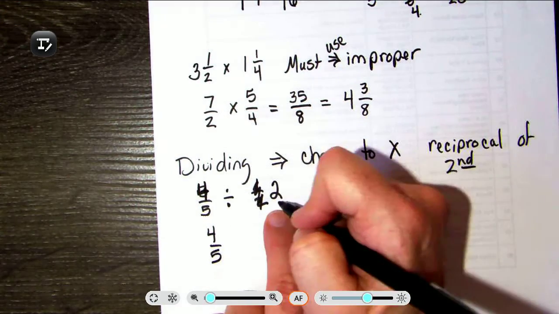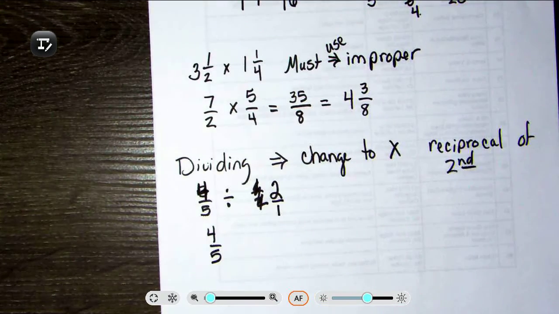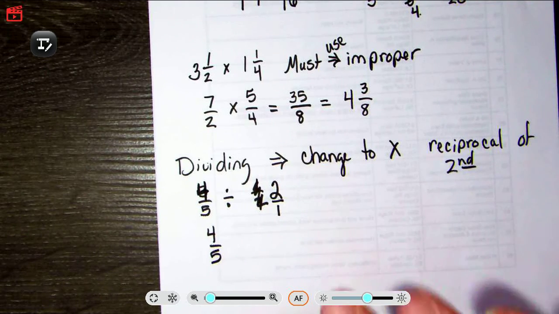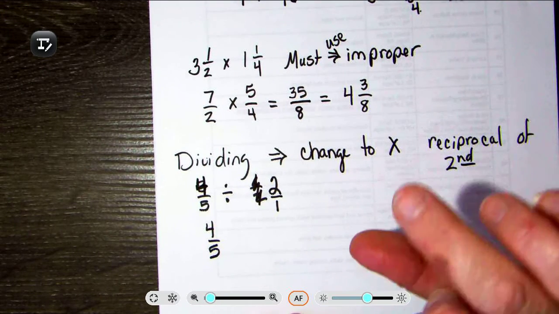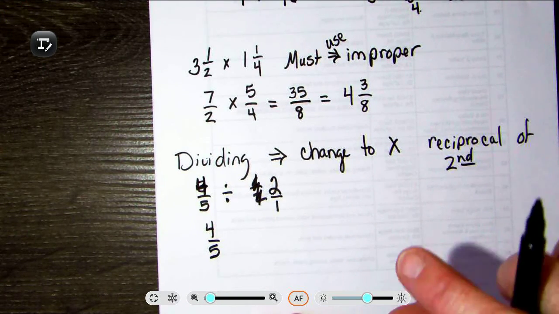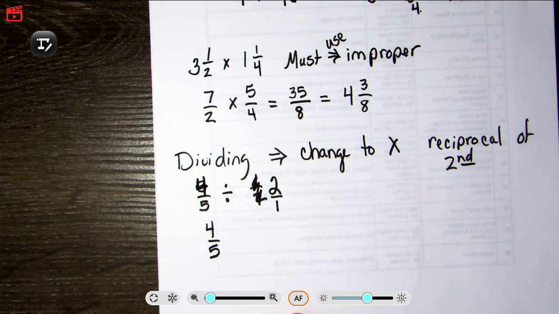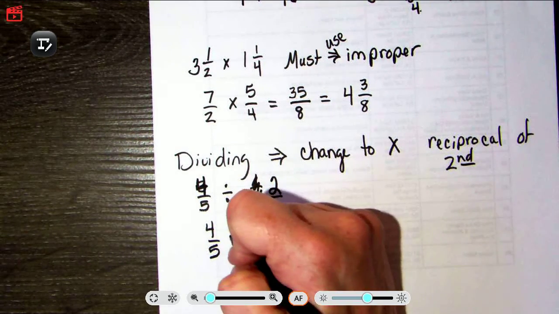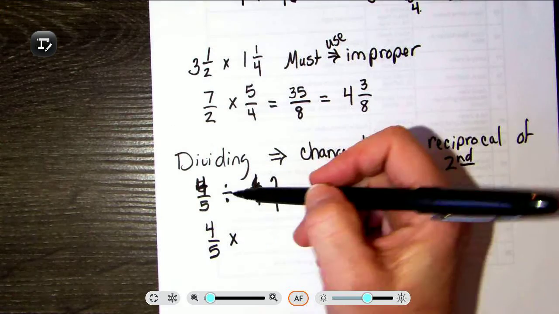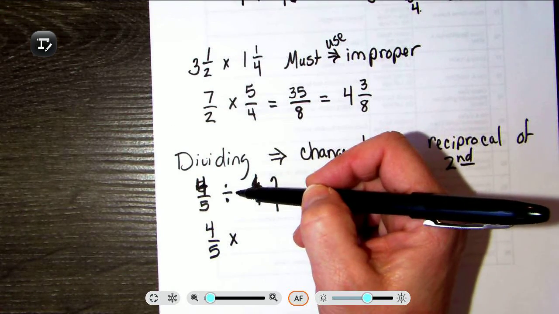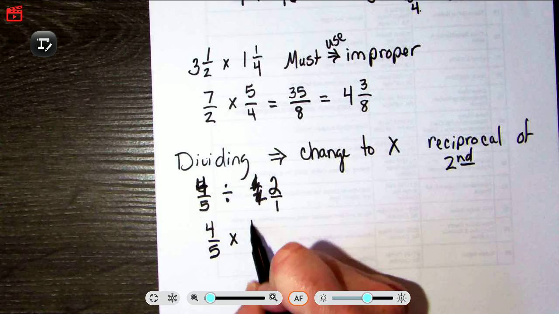So this normally is written as 2 over 1, which is a whole number 2. I'm going to take its reciprocal, so I'm going to flip it upside down. The 2 becomes the denominator, the numerator becomes the other piece. And when we do that, we also change the operation from division to multiplication.